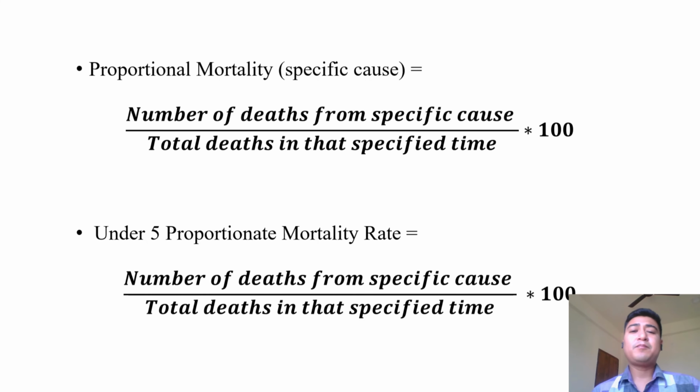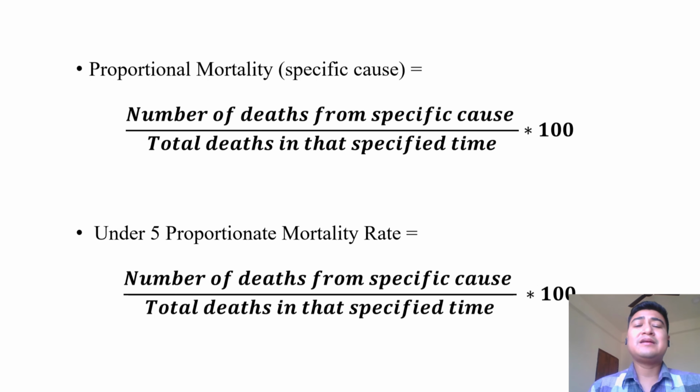With the proportional mortality rate, we will be able to know where our funds must go in order to reduce the mortality rate of a particular age group, a particular population in the particular community, and then we will be able to devise various health programs, area specific health programs, on how to tackle the problem.